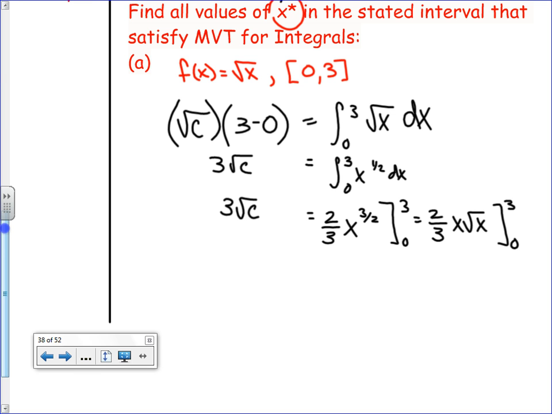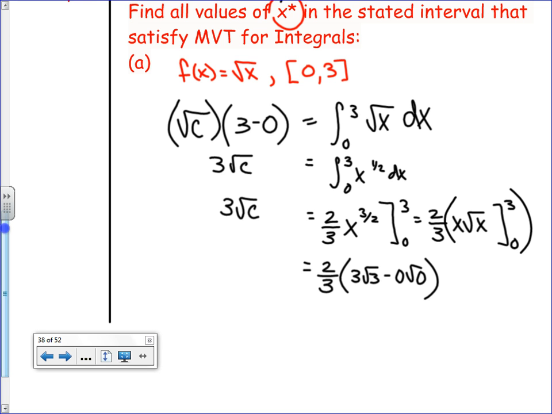I'm just solving. I plugged into my formula. I plugged into MVT for integrals. You guys just wrote it down. I'm solving it to figure out what that number is. Number? Yep, number. I'm pulling the 2/3 out. It's just a constant, right? I can ignore it till later. I plug in 3. I get 3 root 3. Minus 0 root 0.